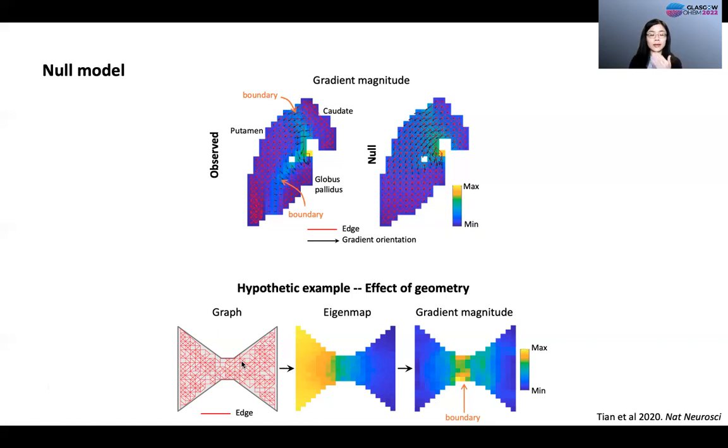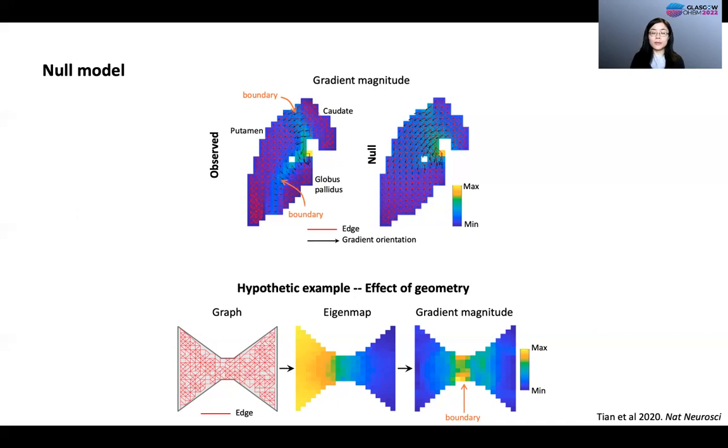This eigenmap is computed from the graph, and so is the gradient magnitude. Because the gradient magnitude is homogeneous, the null hypothesis is true by definition, but we still see a gradient magnitude peak in the gradient magnitude image, providing evidence of a putative boundary.